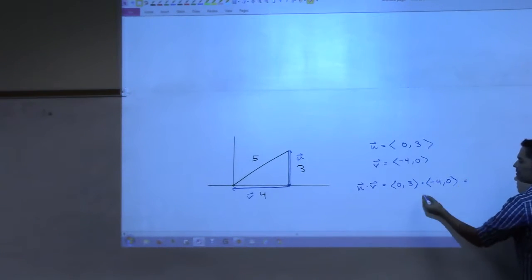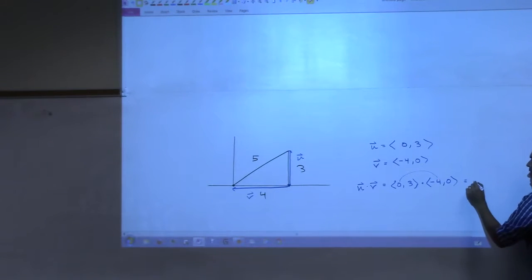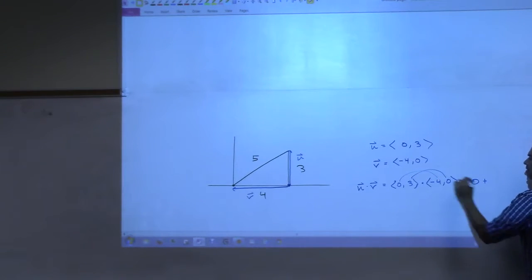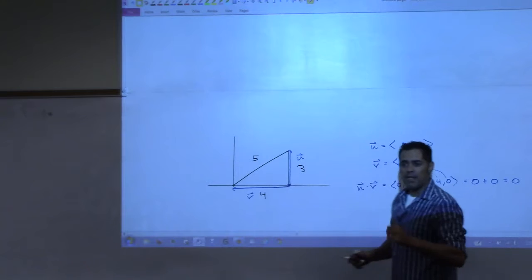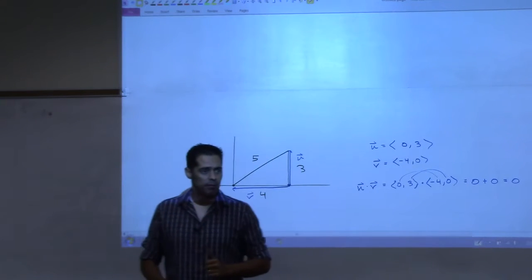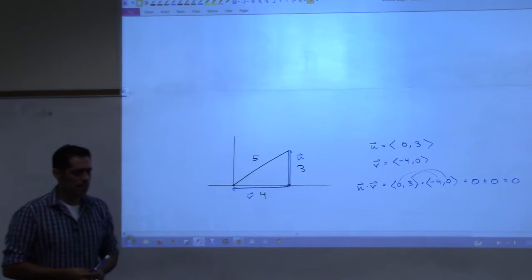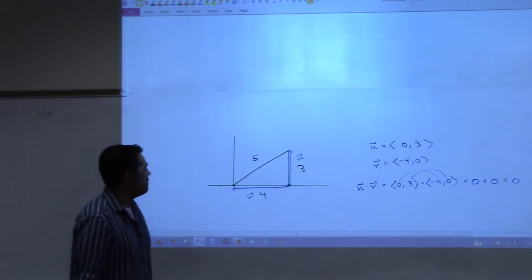Then you do these two together, which is 0, plus these two together, which is 0. And you get 0. And if the dot product is 0, that means that that angle is 90 degrees. With me?